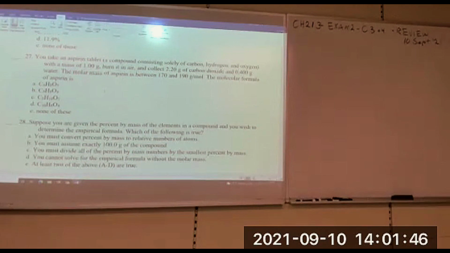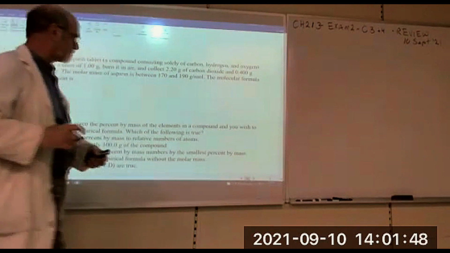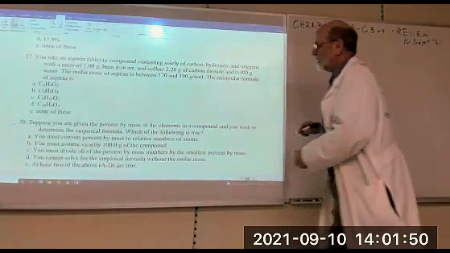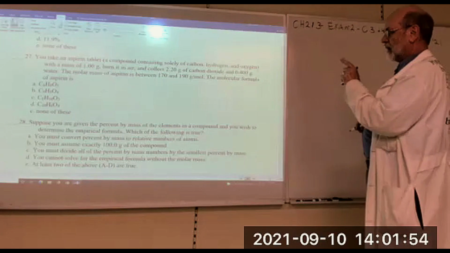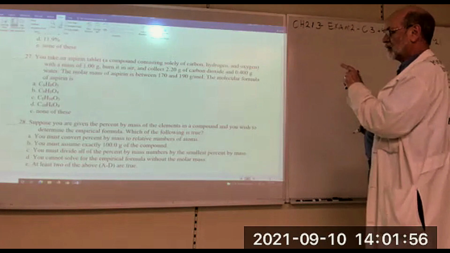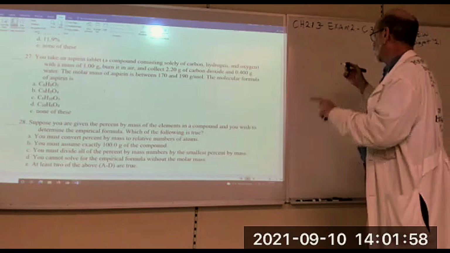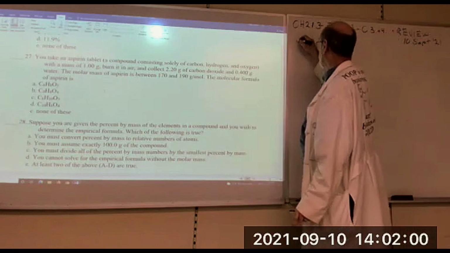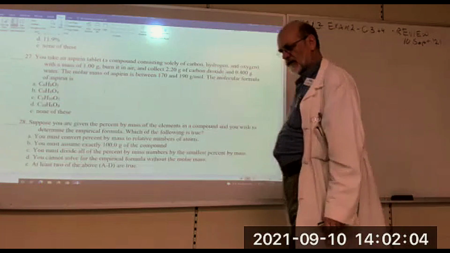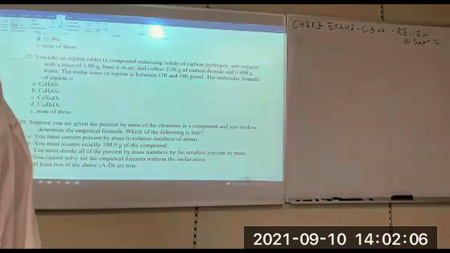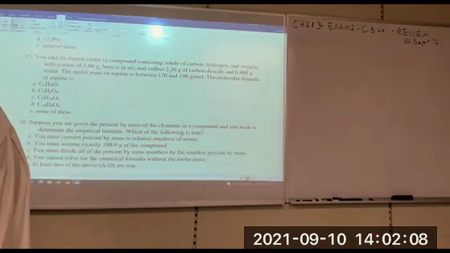So let's do this. With a mass of 1 gram, the aspirin tablet, 1 gram is your total mass.